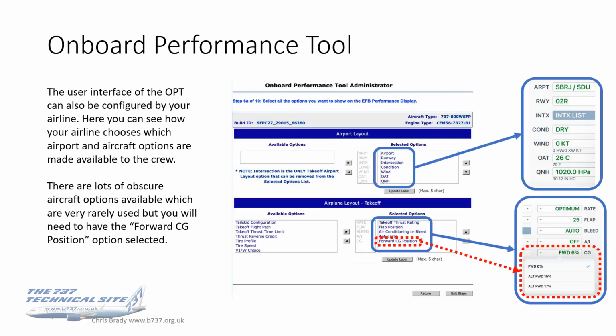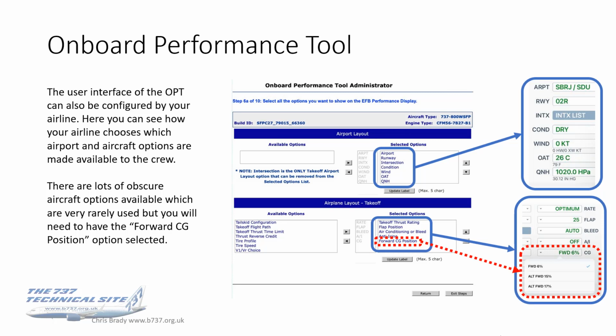Now, the user interface of the OPT can also be configured by your airline. And again, if you've only used OPT with one airline, you probably won't be aware of this. You probably think that all 737 OPTs look like this. Well, actually, they don't. They are pretty much infinitely configurable. And no two airlines' OPTs really look the same, surprisingly.